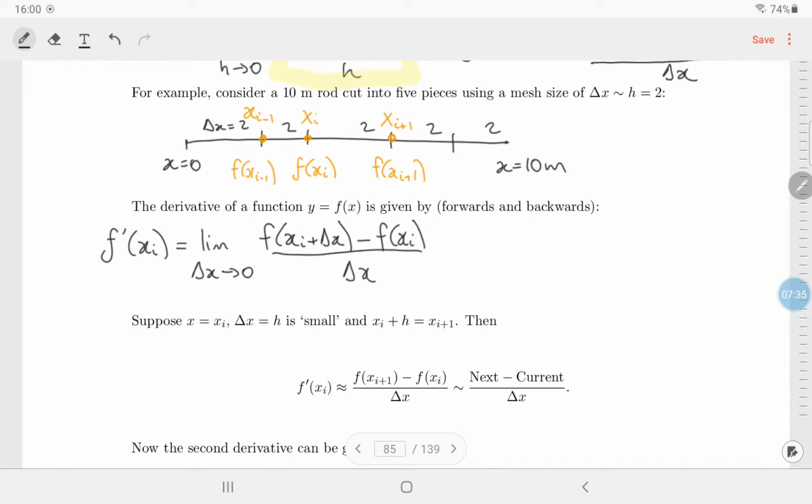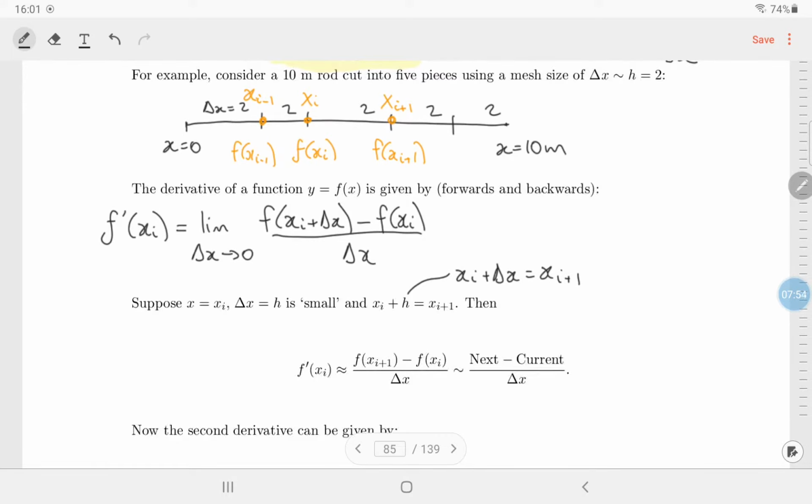So we're saying suppose x is equal to xi, we've already done that. Suppose delta x, equal to h, is small, and xi plus delta x gives you the next point. Then you've got an approximation written down here.